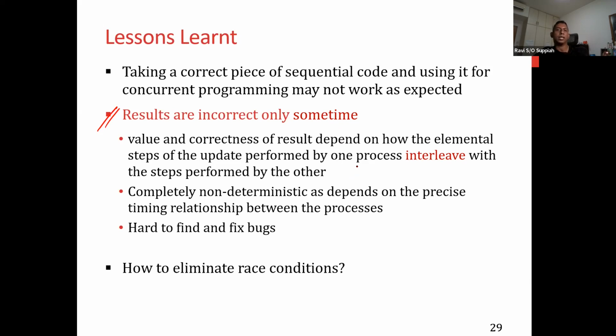That's actually very good, because if the failure is consistent, you can debug and find out what the issue is. The greatest challenge is when the failure is very inconsistent. Maybe sometimes it works, sometimes it doesn't. That is a real headache, because you do not know what caused this, and you need to do a lot more debugging. So when the results are only incorrect sometimes, you are very concerned because you can't pinpoint exactly what the issue is.